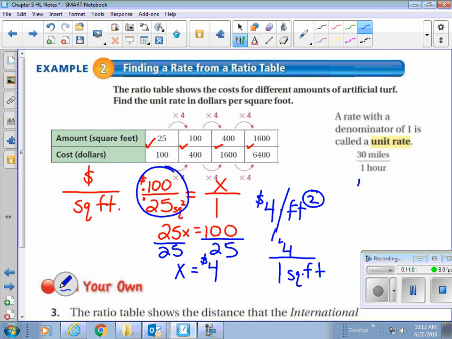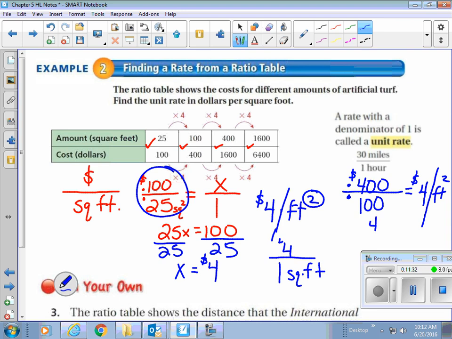If I took the next one, if I did $400 for 100 square feet, and I were to divide those, 400 divided by 100, still gives me that $4 per square foot, or feet squared.